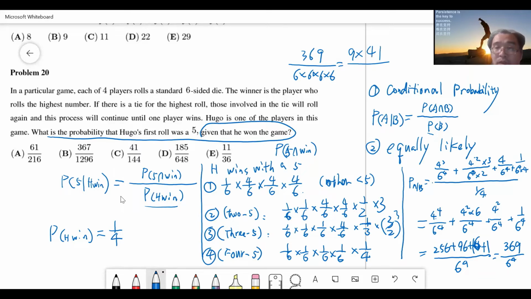The bottom one is 6, 6, 6, and 6. So when I cancel 9, I got 2 and 2. So total together we have 41 over 12 times 12, 144. So check the options. You find C is the correct answer.